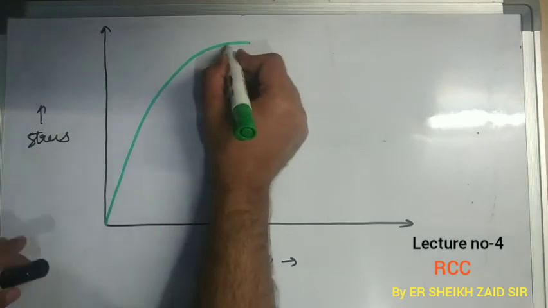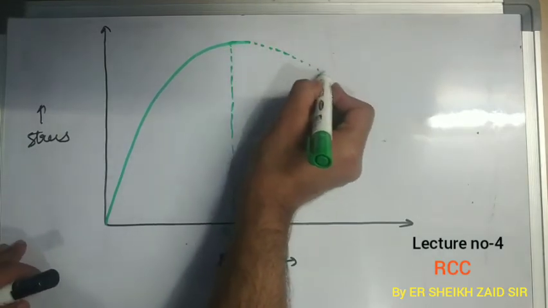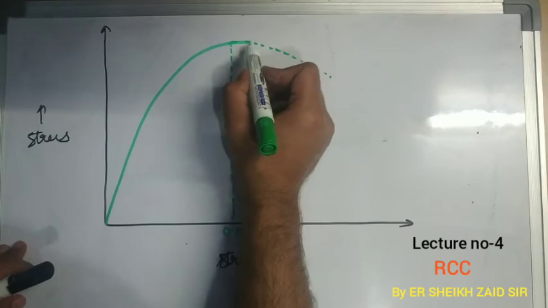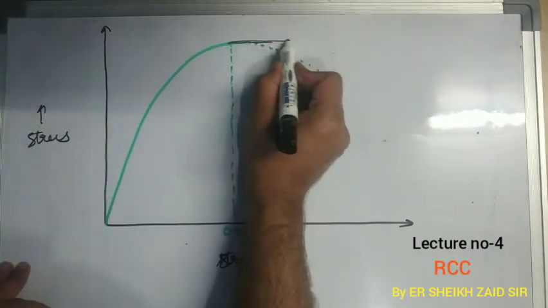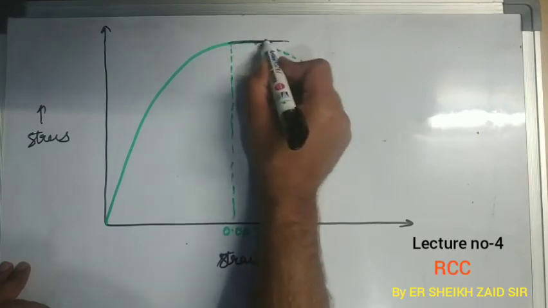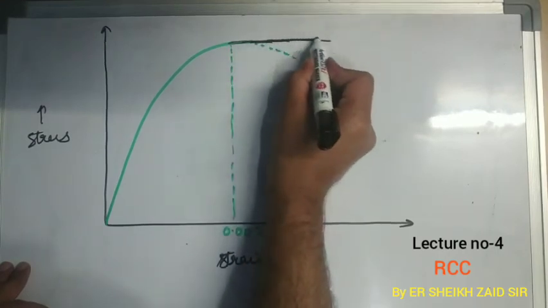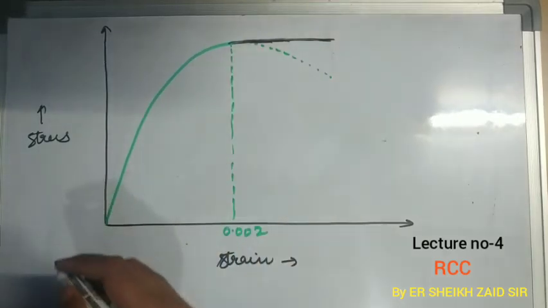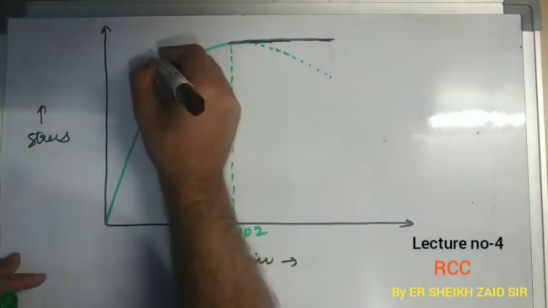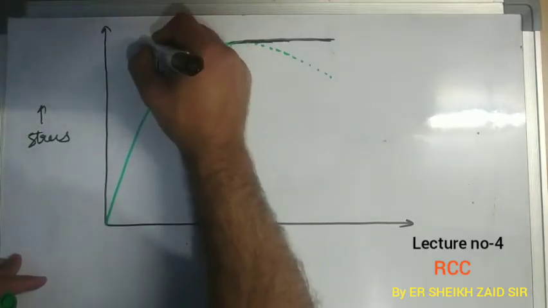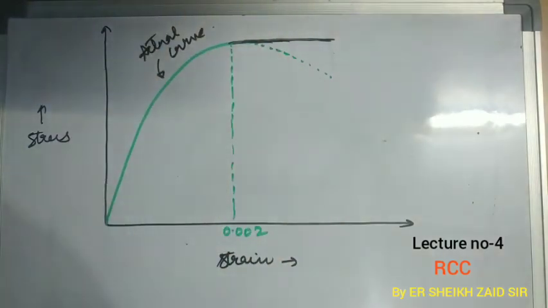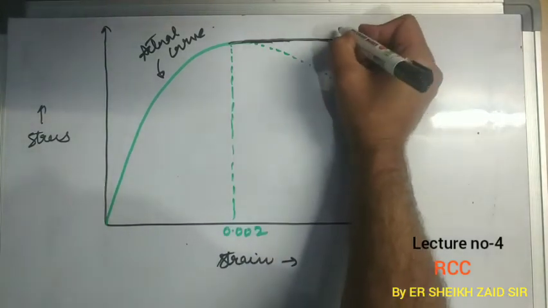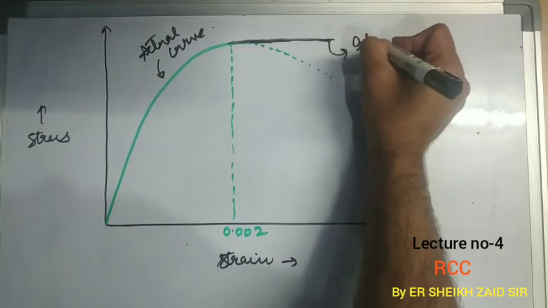See, the actual path that it should follow should be this, but it is actually followed by a straight line. So this is our actual curve. And this will be called our idealized curve.